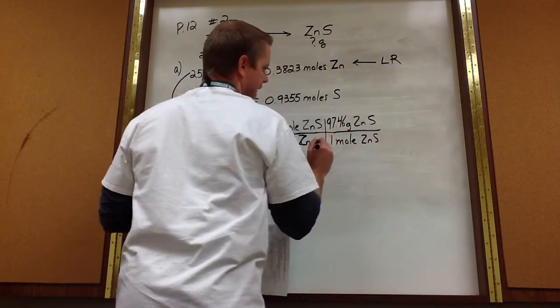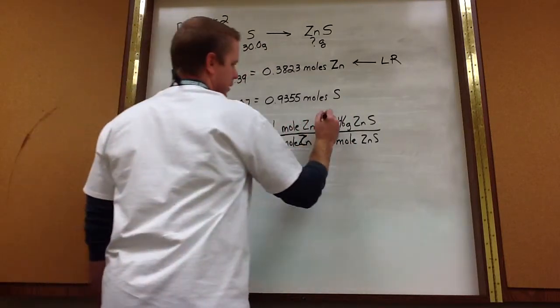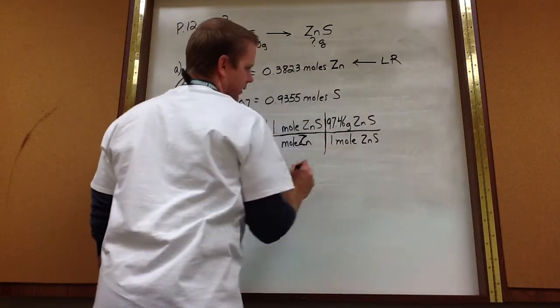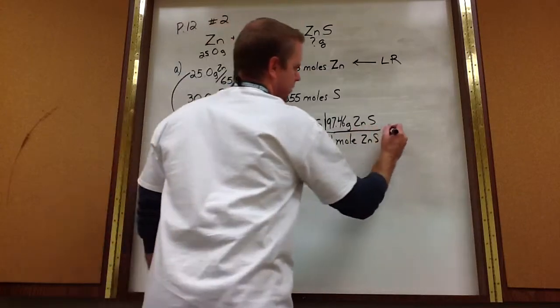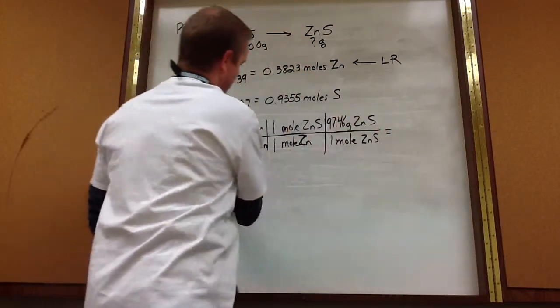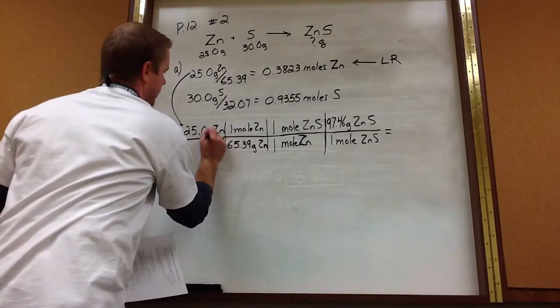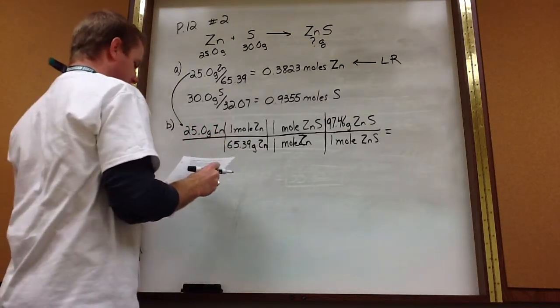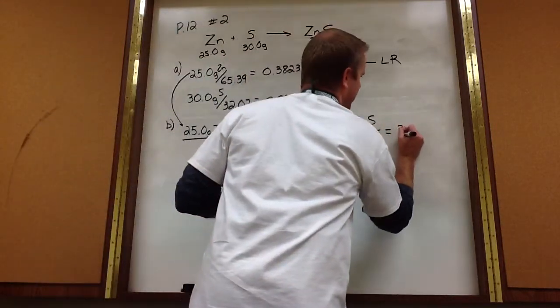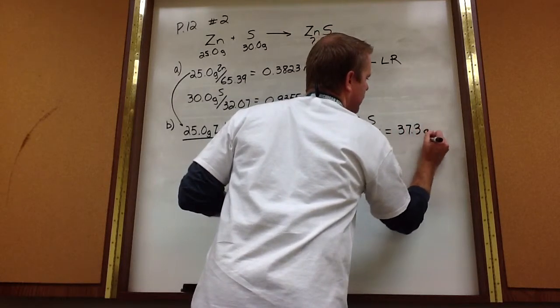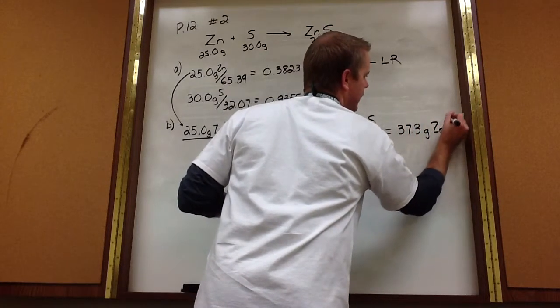That is not a 1, that's just the divider there. Well, you do the math across the top, do the math across the bottom. We have 3 significant figures here to start. Therefore, you have 3 significant figures in your answer. The answer is 37.3 grams of ZnS.